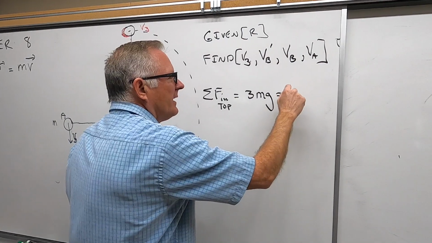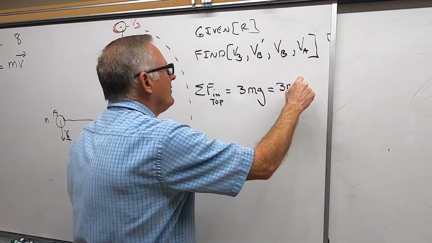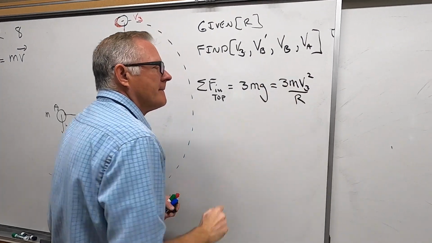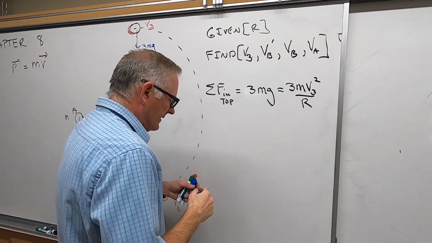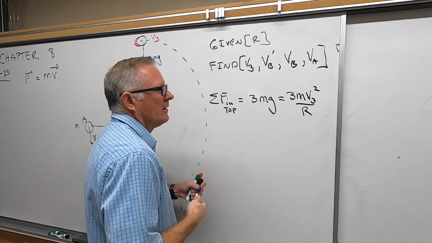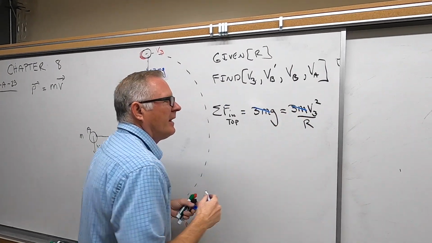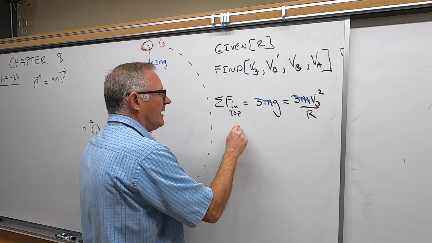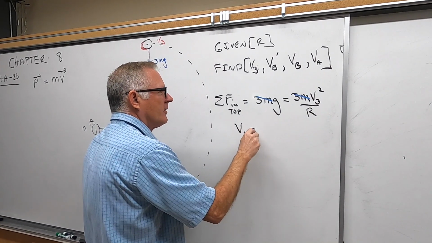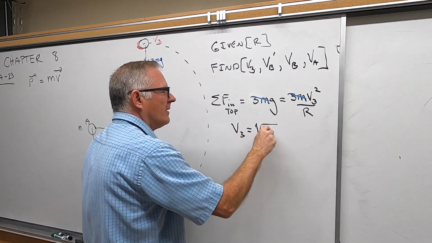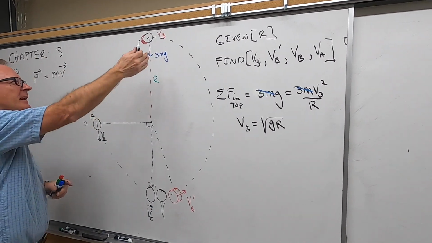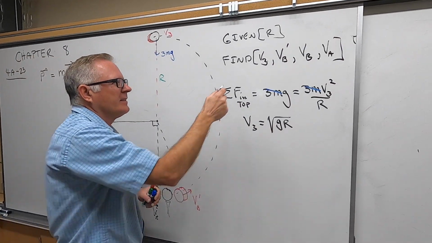The mass is 3m, so it's 3m V3 squared all over r. The 3m's cancel out, and now we've got the velocity at 3 is equal to the square root of gr. You've probably got that a few times already, and it's independent of how much mass it is. So we've got the first one.